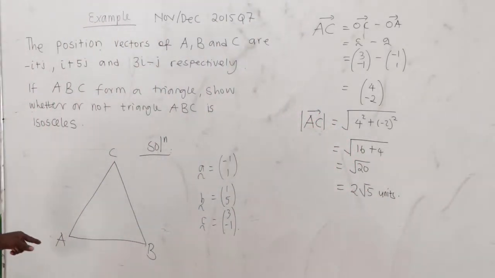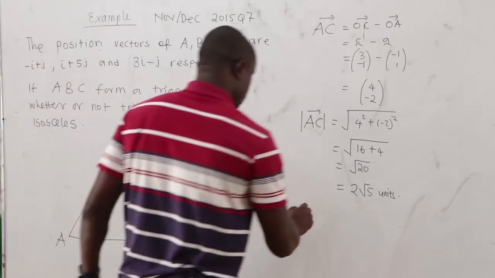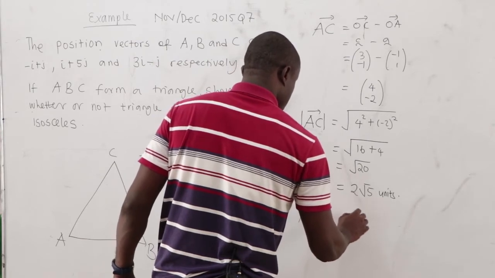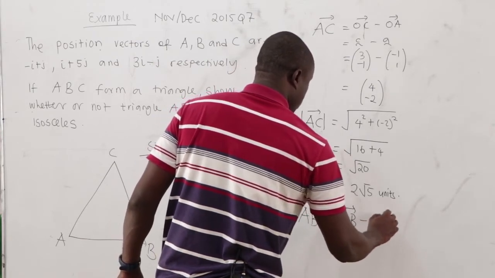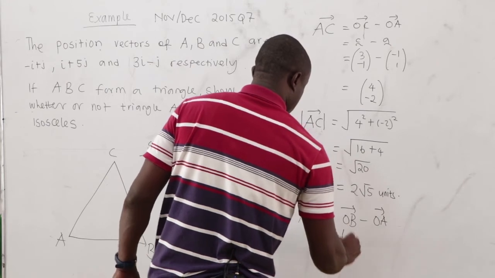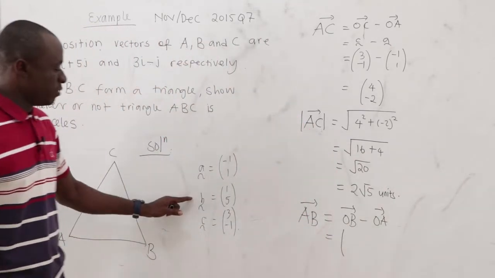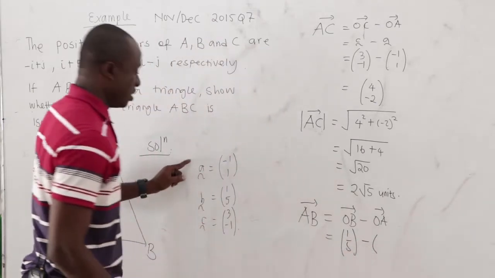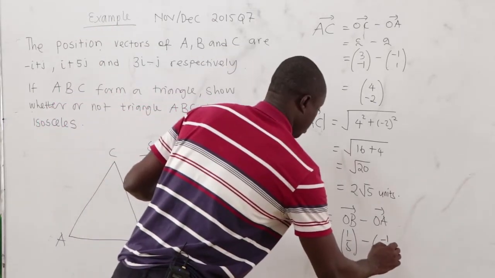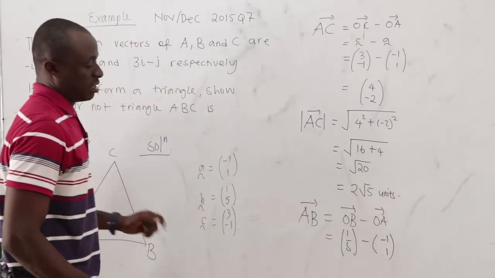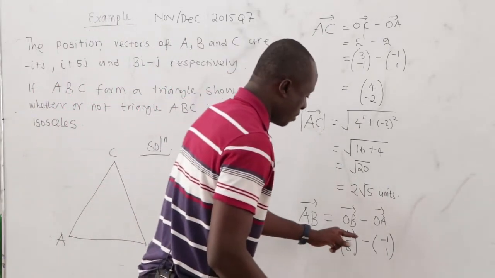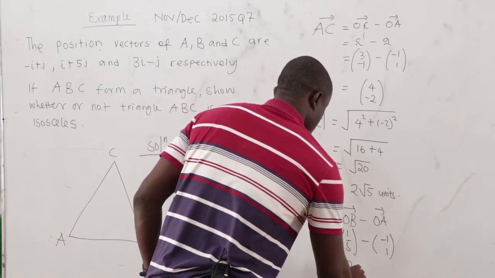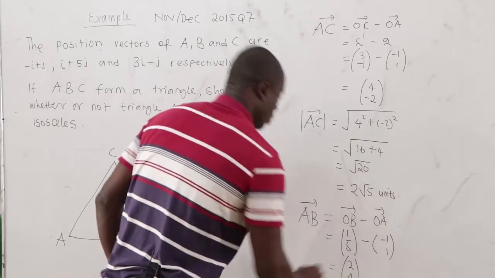So now we can also find AB. Now AB is the same as what? OB minus OA. Now what is the point B? Point B is the same as 1, 5. Point A is the same as negative 1, 1. And 1 minus negative 1, that will be plus, so that we have 2, and 5 minus 1 is 4, so 2, 4.